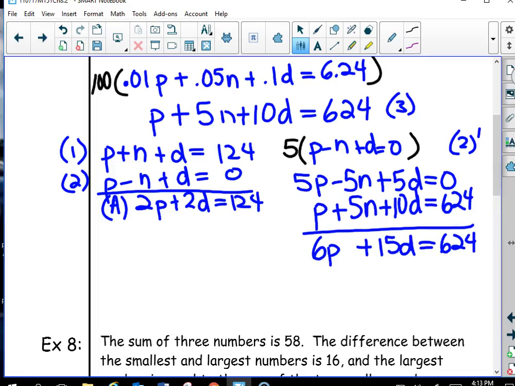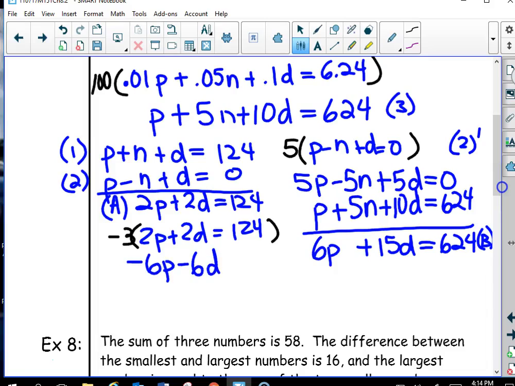All right, let's take a look at that equation and see what we have to do to eliminate either P or D with equation A. It looks like if I multiply equation A by a negative 3, I'll be able to eliminate P's. Okay, 124 times 3 is 372.